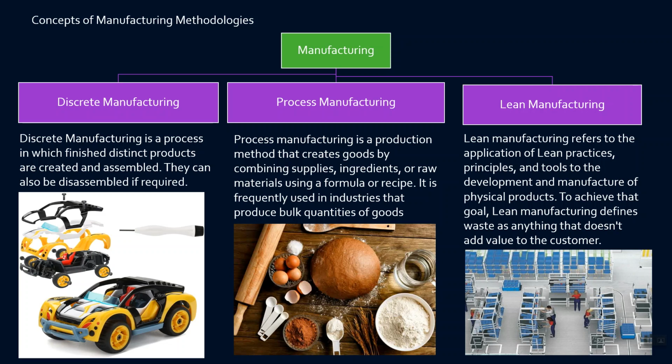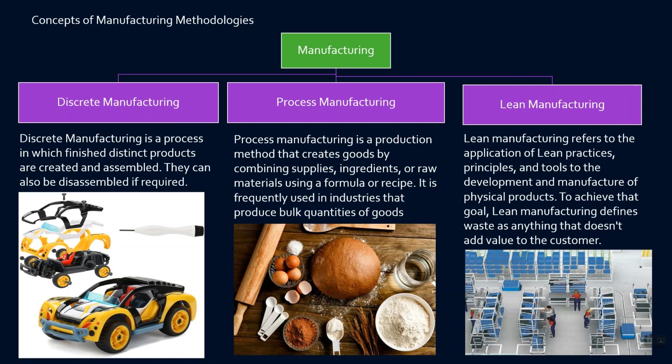Wherever you see a cyclic flow, wherever you see work cells doing repetitive work, and you want to follow those Japanese techniques, in that case you can adopt discrete manufacturing with lean manufacturing, or process manufacturing with lean manufacturing, or all three at the same time.